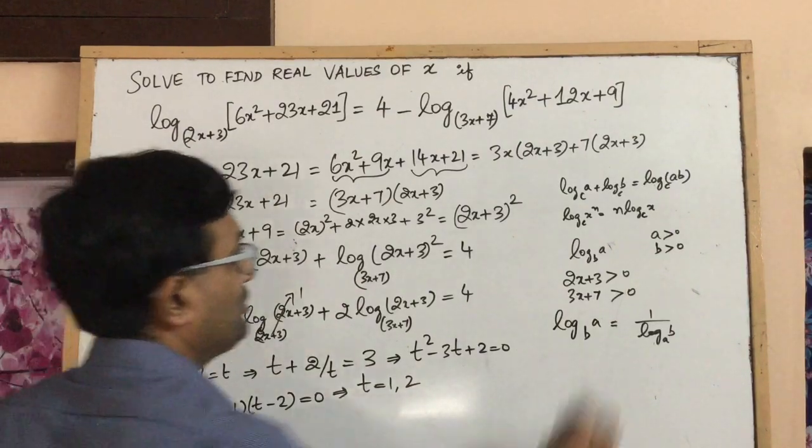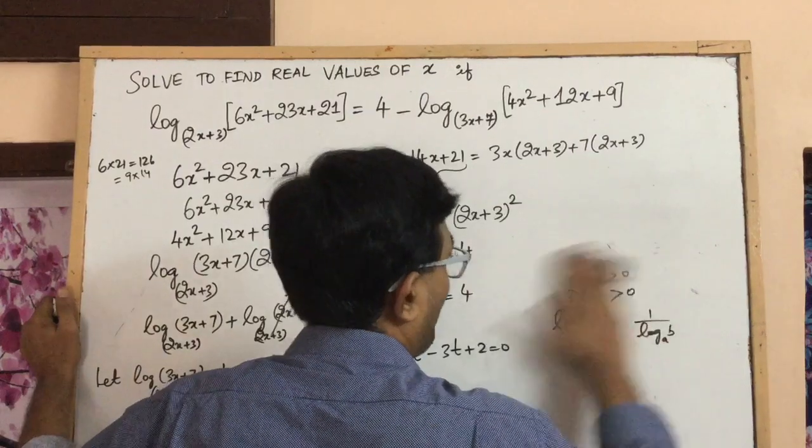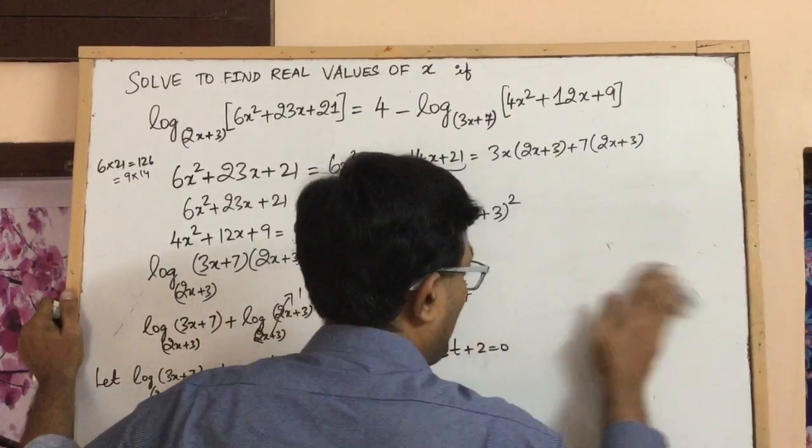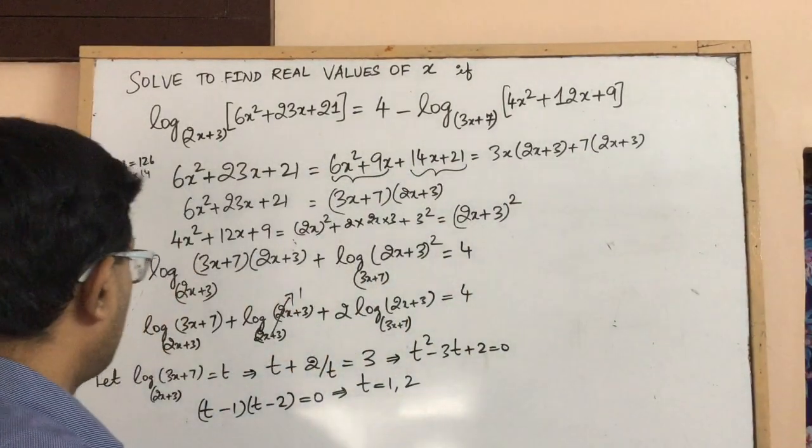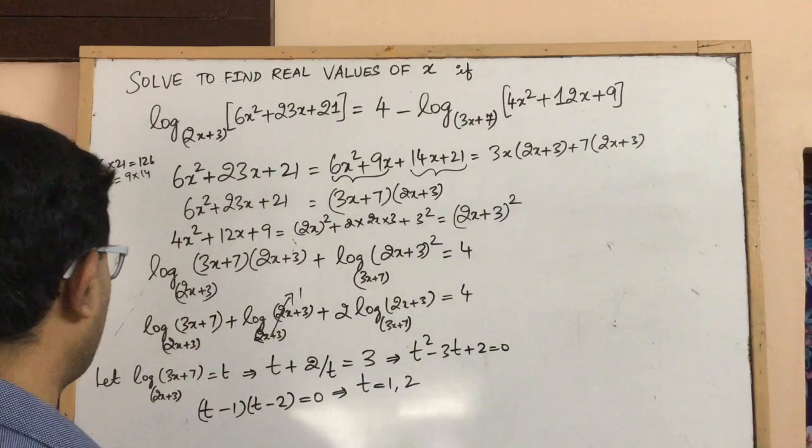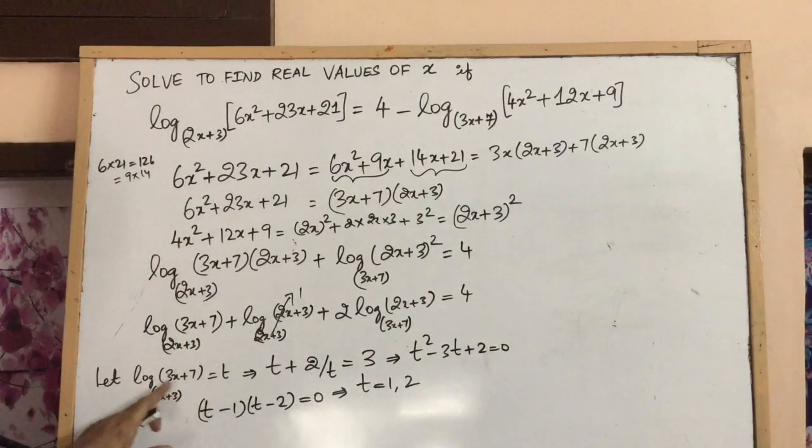Now, let's go back to our fundamental definition of t here and find out the values of x which satisfy the given equation. According to our definition, t is the logarithm of 3x plus 7 to the base 2x plus 3.